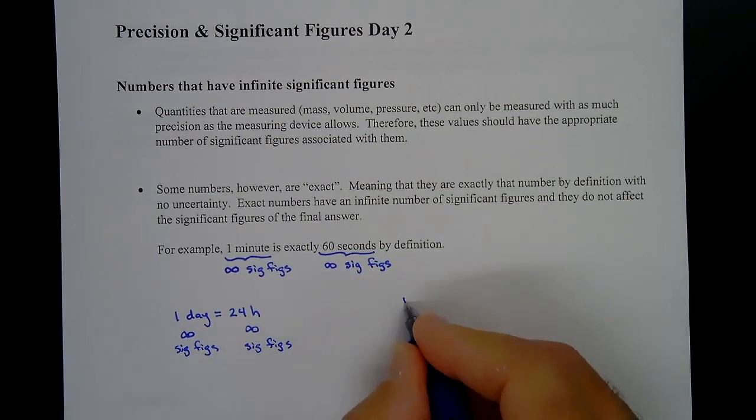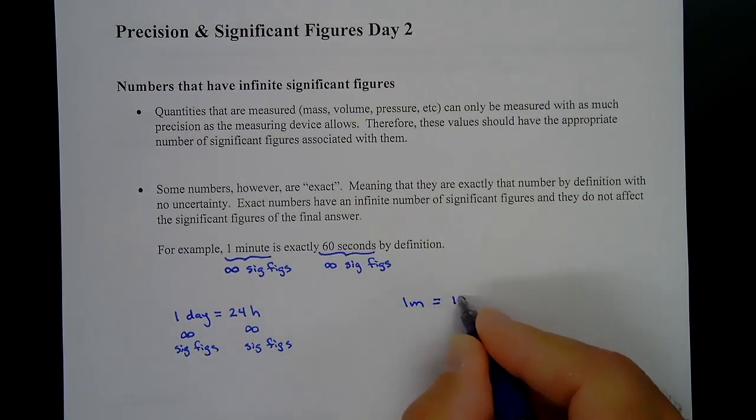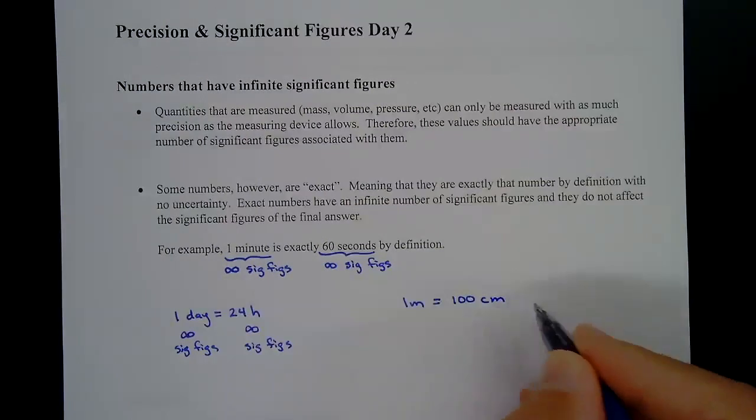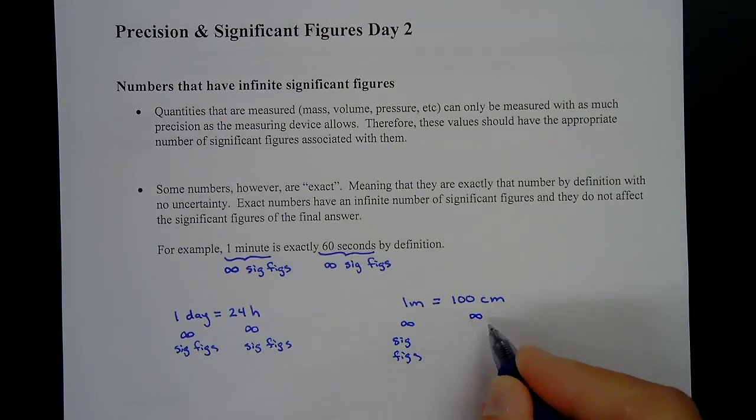Some others: 1 meter is defined as exactly 100 centimeters. So this 1 meter has infinite sig figs, and the 100 centimeters has infinite sig figs.